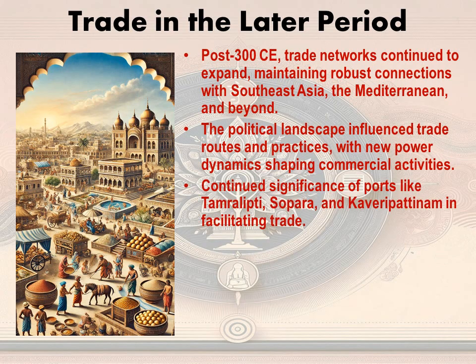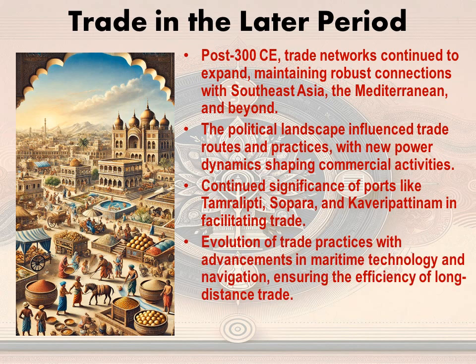Continued significance of ports like Tamaralipti, Sopara, and Kavadi Pattinam in facilitating trade. So these main ports were Tamaralipti, Sopara, and Puhar, which is Kavadi Pattinam, and they still continued to function as important connectors with foreign trade.